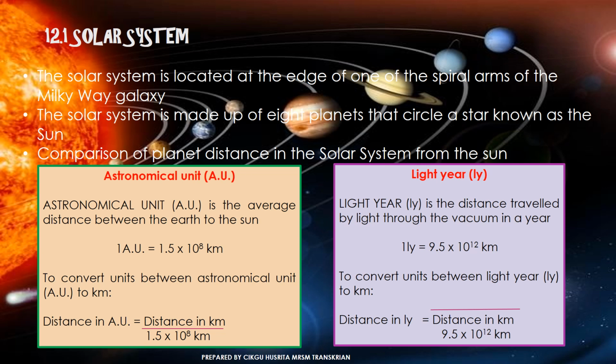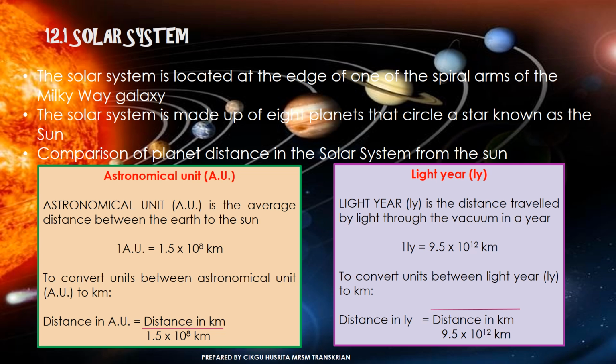Distance in astronomical units equals distance in kilometers divided by 1.5 times 10 to the power of 8 kilometers. If you have this question, just write down all the information given into the formula.